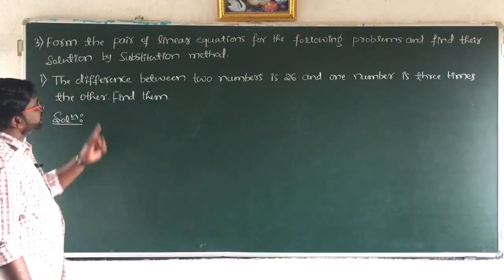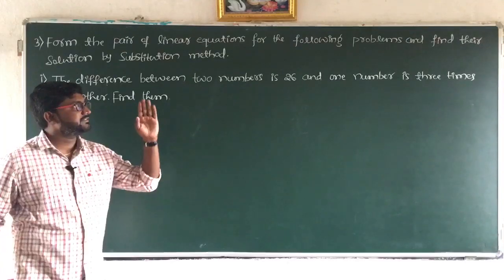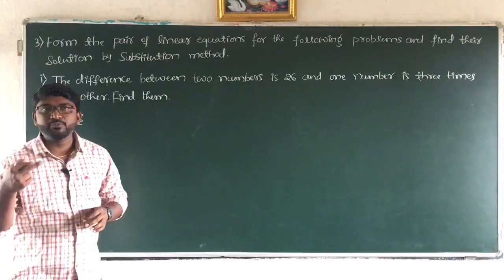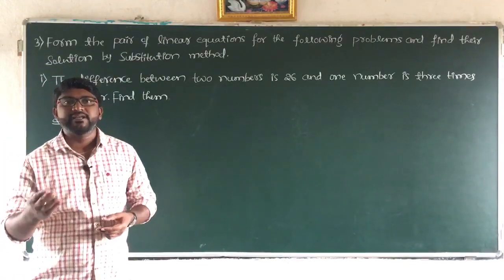So see here, he says the difference between two numbers is 26 and one number is 3 times the other. We don't know both the numbers now. So I consider the first number as x and the second number as y.